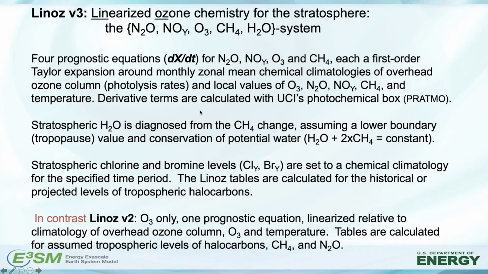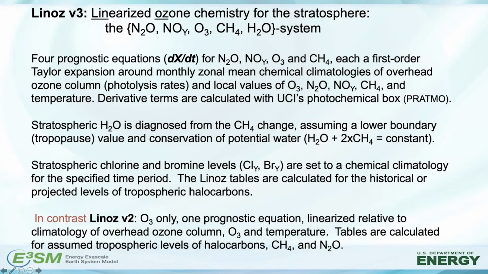The derivative terms are derived by the UCI box model. Then the stratospheric water vapor is diagnosed from the methane change, assuming a lower boundary at the tropopause value and the conservation equation of this.